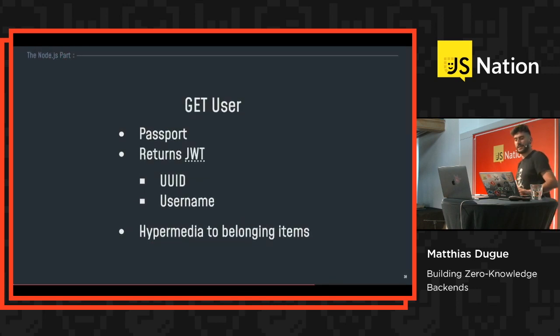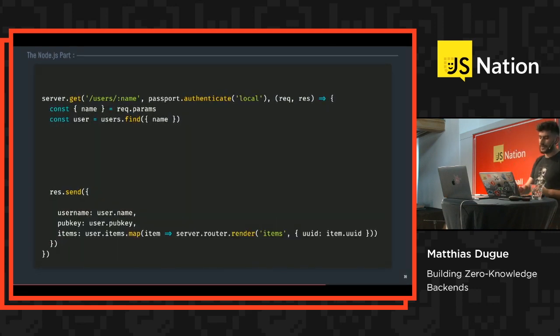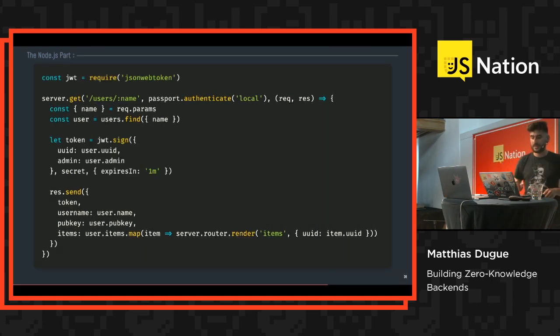Getting users is exactly the same thing. I just want to rely on Passport and get the hypermedia links that allow me to get the list of items. So I protect my endpoint with Passport. I will perform hypermedia link generation directly in my returning result.